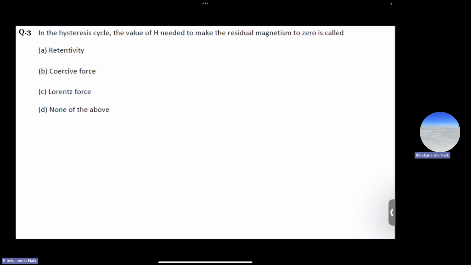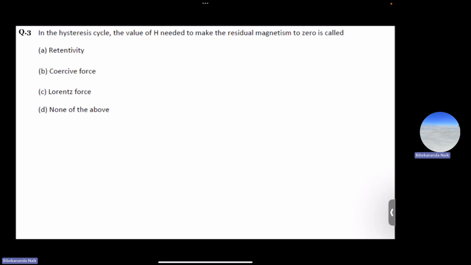Now we move to question number 3. Question number 3 says, in the hysteresis cycle, the value of H needed to make the residual magnetism to 0 is called: option A retentivity, option B coercive force, option C Lorentz force, or option D none of the above.